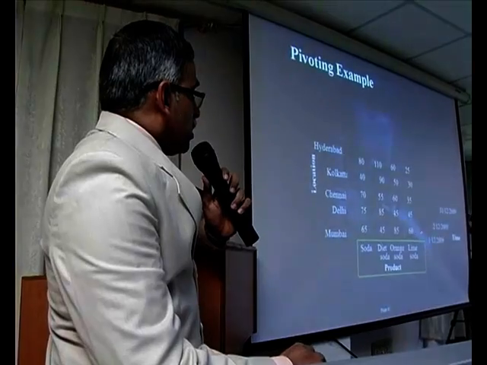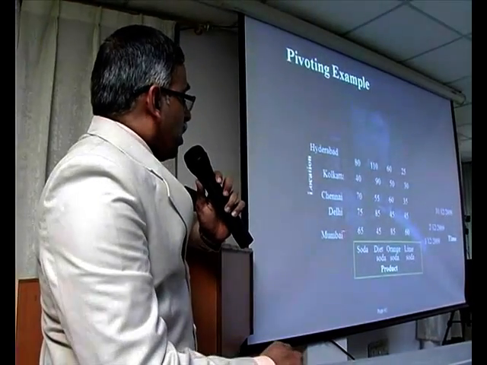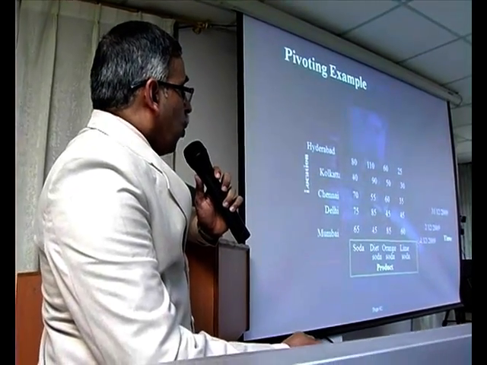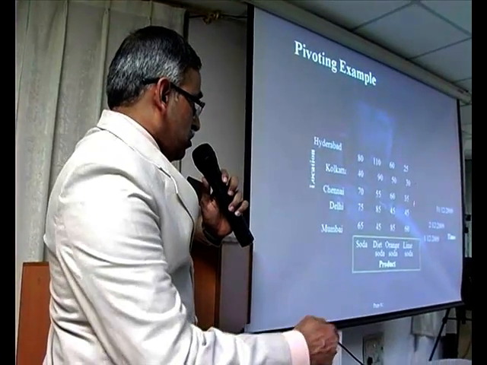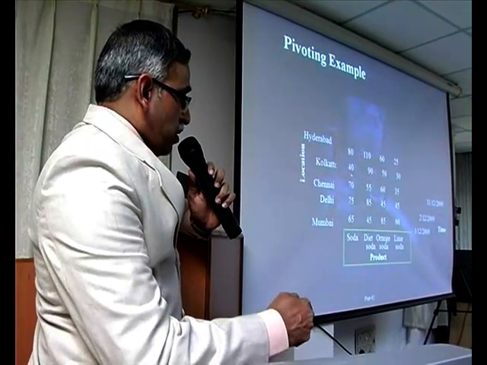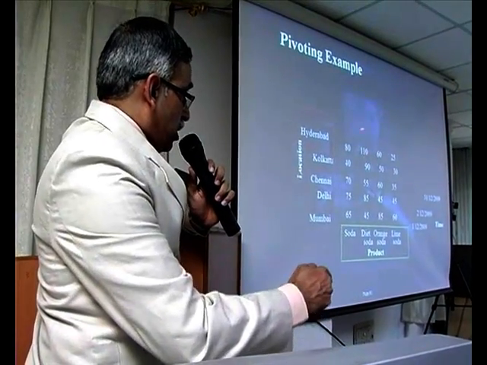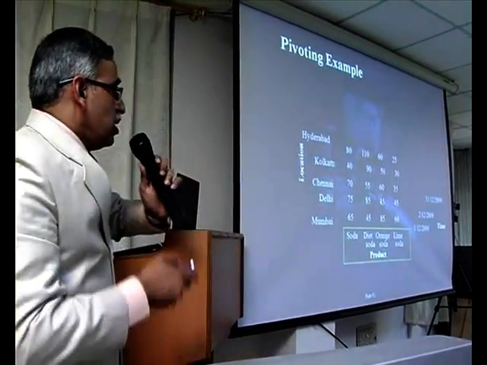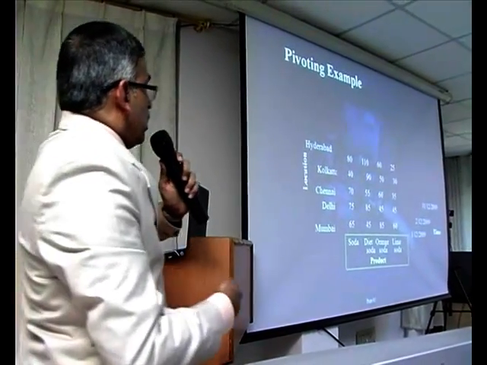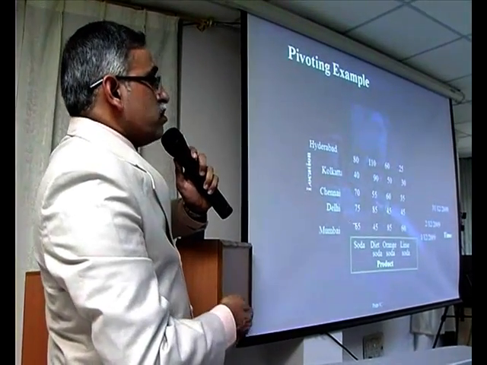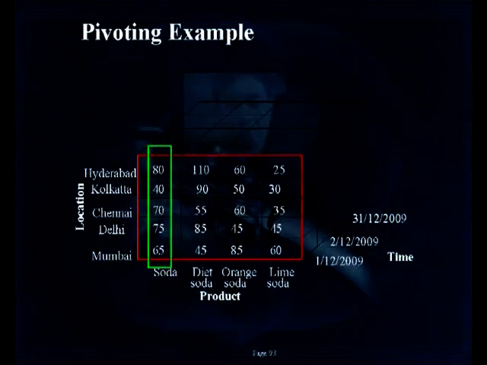Similarly, 60 is the total sales of lime soda in Mumbai on 1/12/2009. The first layer is for the first day, the second layer is for the second day, the third layer is for the third day, etc. So here I want to swap these 2, which is called rotation.